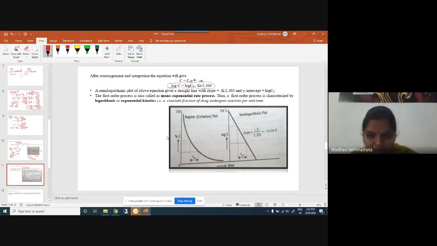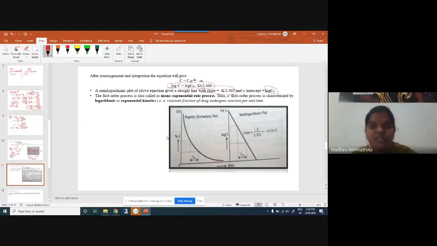I will show you how the semi-logarithmic graph will be. It will give a slope of minus K divided by 2.303. In case of first order kinetics, your slope will be minus K. So if you plot this in a semi-logarithmic graph, it will be minus K by 2.303, and the y-intercept is log of C naught.